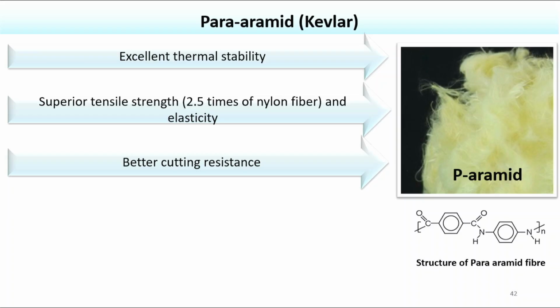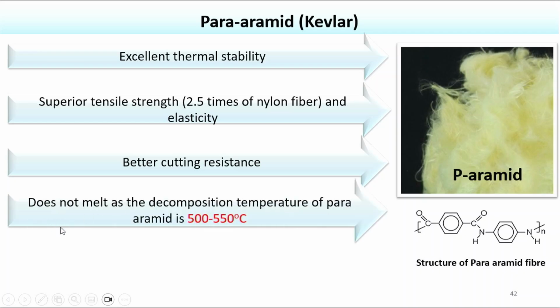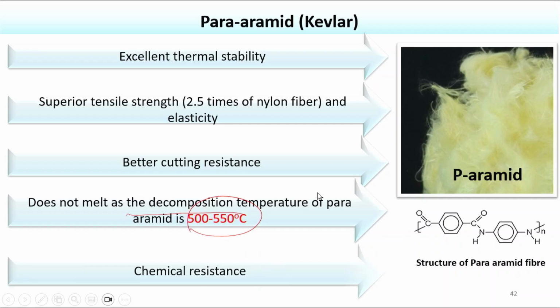So, it is high strength and does not melt, as the decomposition temperature of para-aramid is 500 to 550 degrees Celsius. So, that is a decomposition, it does not melt. So, we can use it in high temperature applications, and it is chemically resistant.